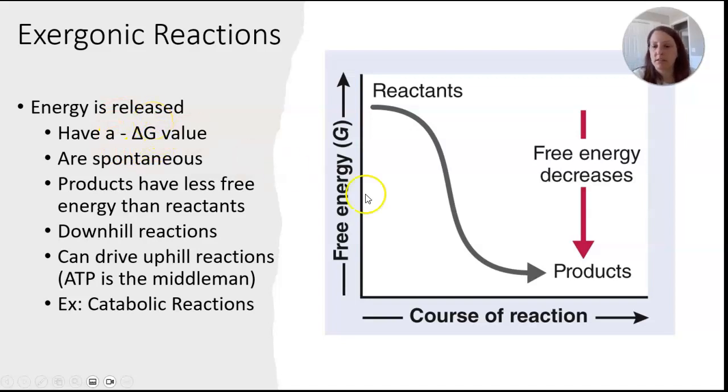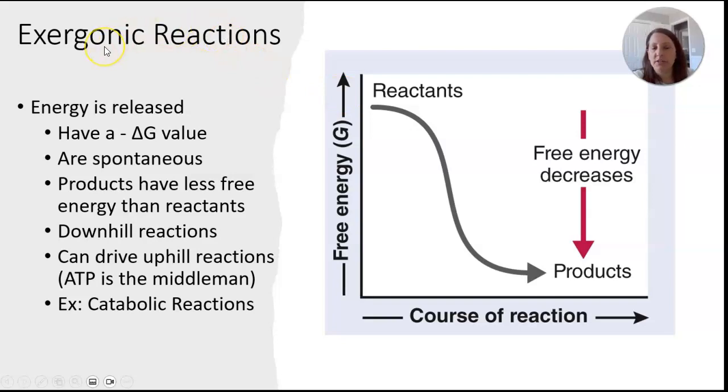If we look here, this is called an energy profile. On the x-axis, we have the course of the reaction, so time. And on the y-axis, we have free energy. We're looking at reactants going to products. What happens over the course of this reaction? What is the change in free energy?